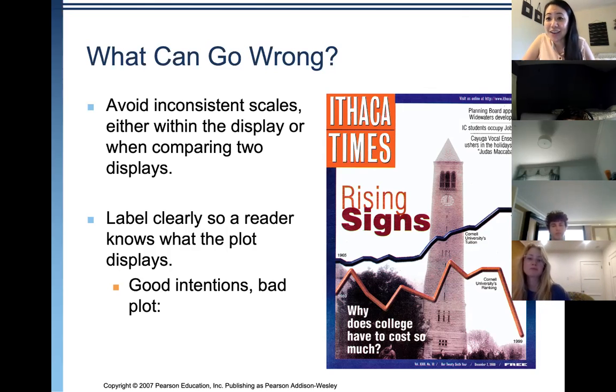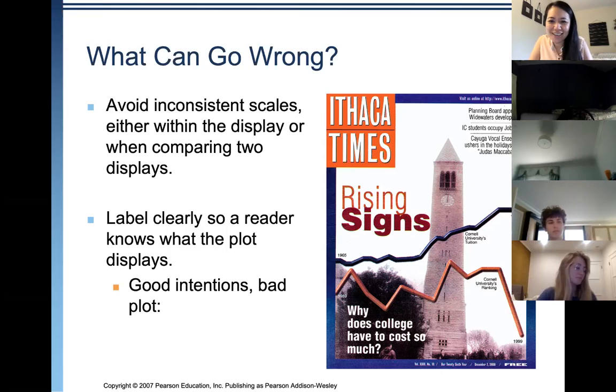But anyway, Ithaca Times, if you guys can see, they tried to make this time series plot comparing these 2 years. Can you guys point out more specifically anything you see that makes this time series plot really terrible?